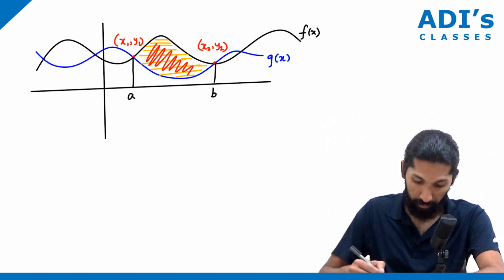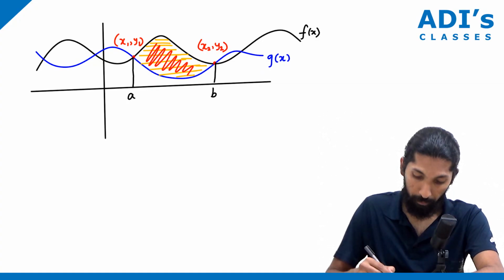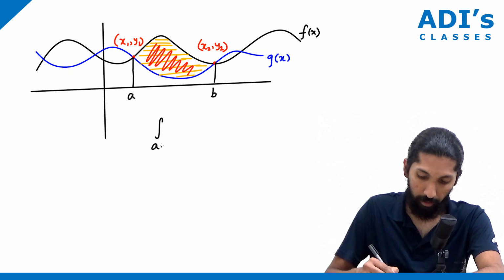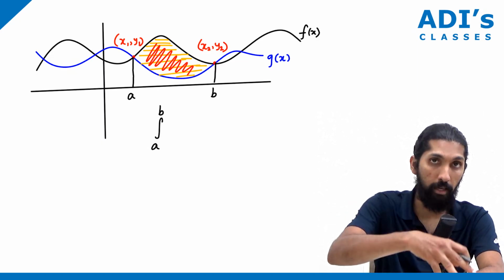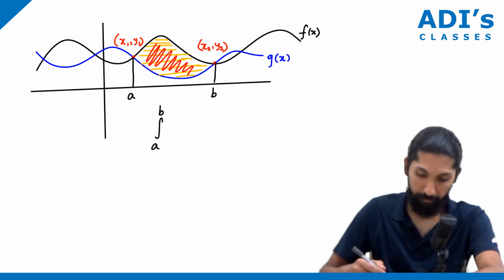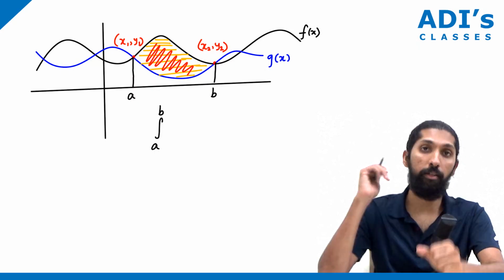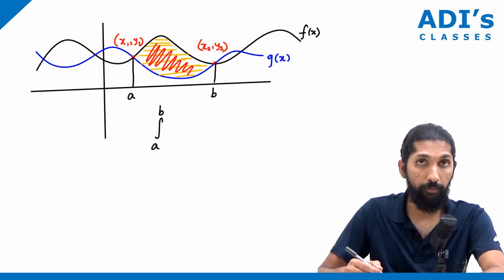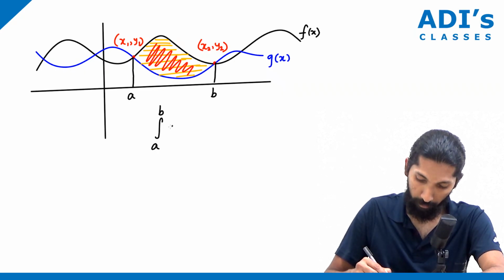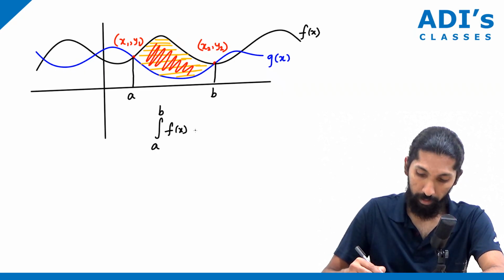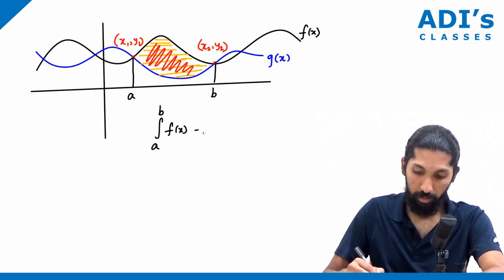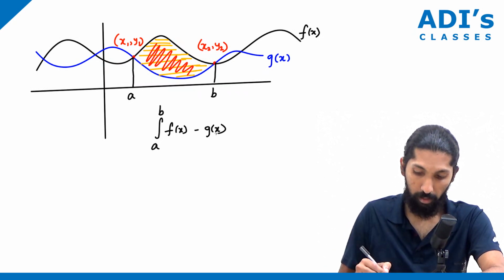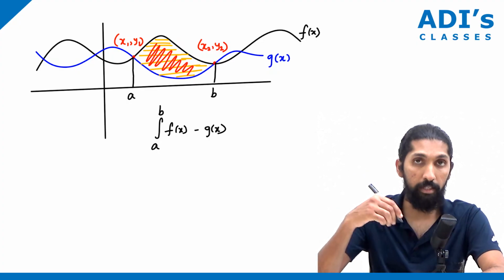Now to find the area between them, what we can do is integration from A to B, starting at A, ending at B, of the top curve, the above curve, which is f of x, minus the below curve g of x. Okay, f of x minus g of x.